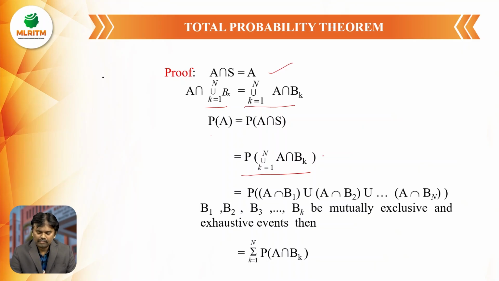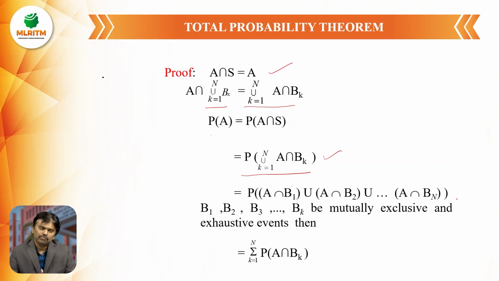Next, I am expanding these events from k equal to 1 to n, that is P of A intersection B1 union A intersection B2 union A intersection B3 and so on up to A intersection Bn. Here B1, B2, B3 all are mutually exclusive events.